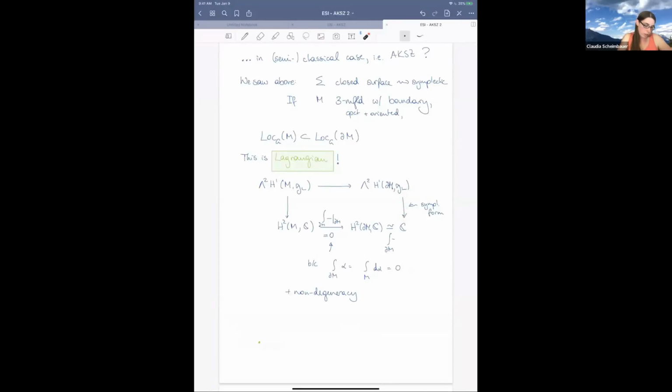And now we have to see that if we restrict it to the tangent of the manifold, we actually get 0. And that's true exactly because of Stokes' theorem. Okay, so again, we have the tangent spaces, and we have a map between the tangent spaces.